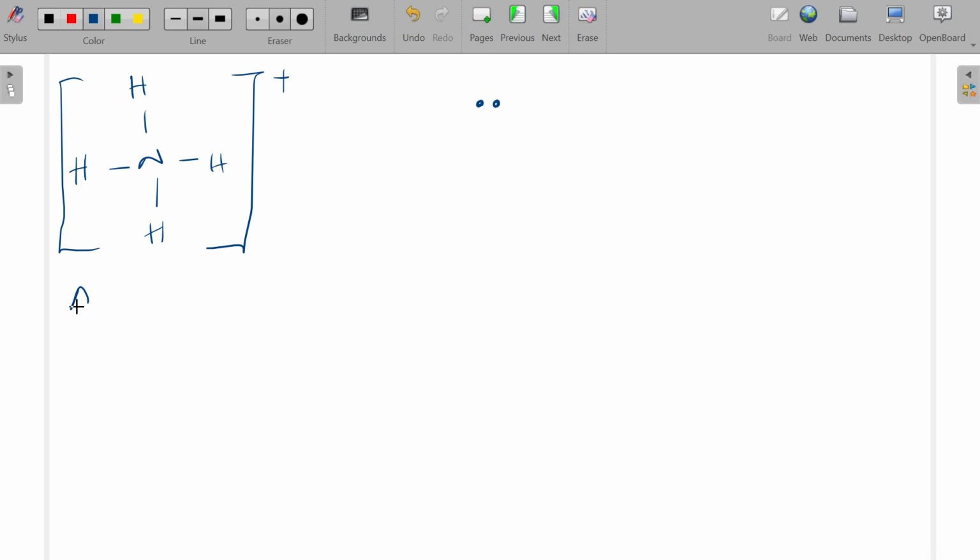So this is ammonium. Then here you have ammonia. Then here I think this is amide.